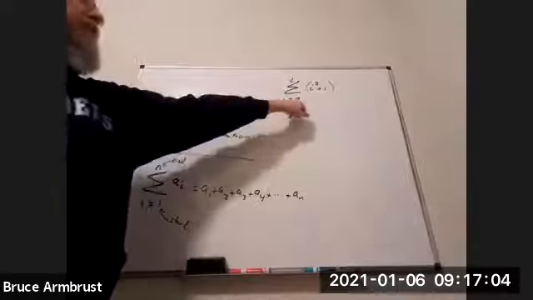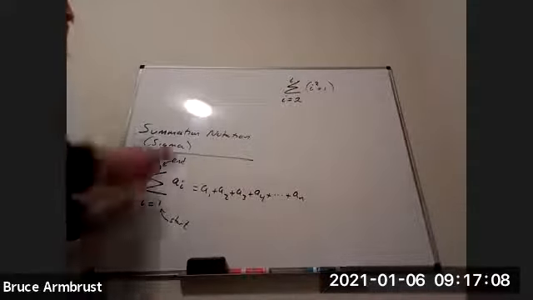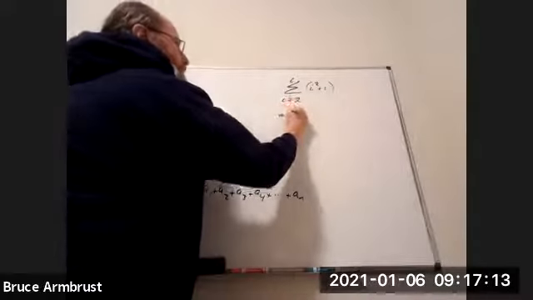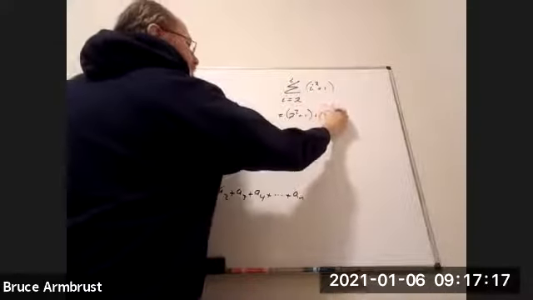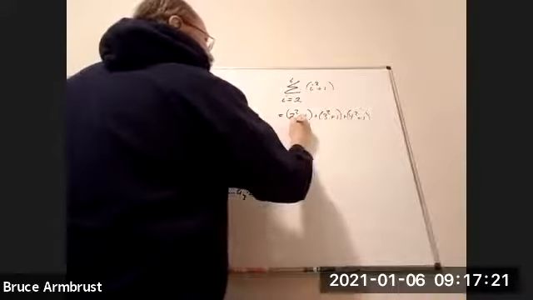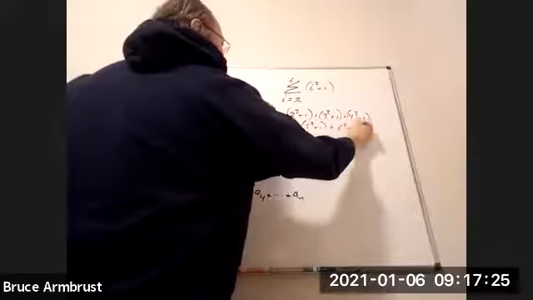We're going to start this at 2, and we're going to keep adding until we get to this one where i is equal to 6. So this would be the same as 2 squared plus 1 plus 3 squared plus 1 plus 4 squared plus 1 plus 5 squared plus 1 plus 6 squared plus 1.